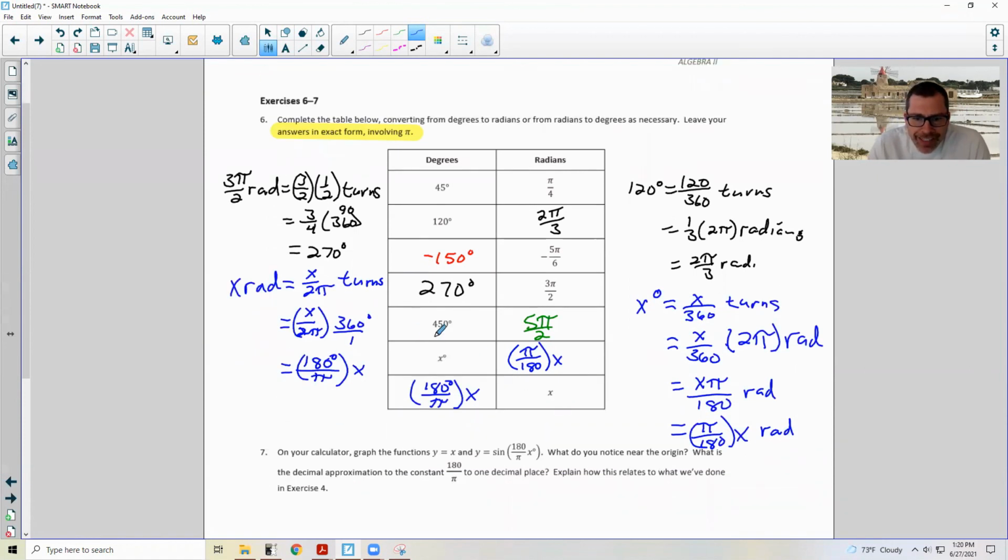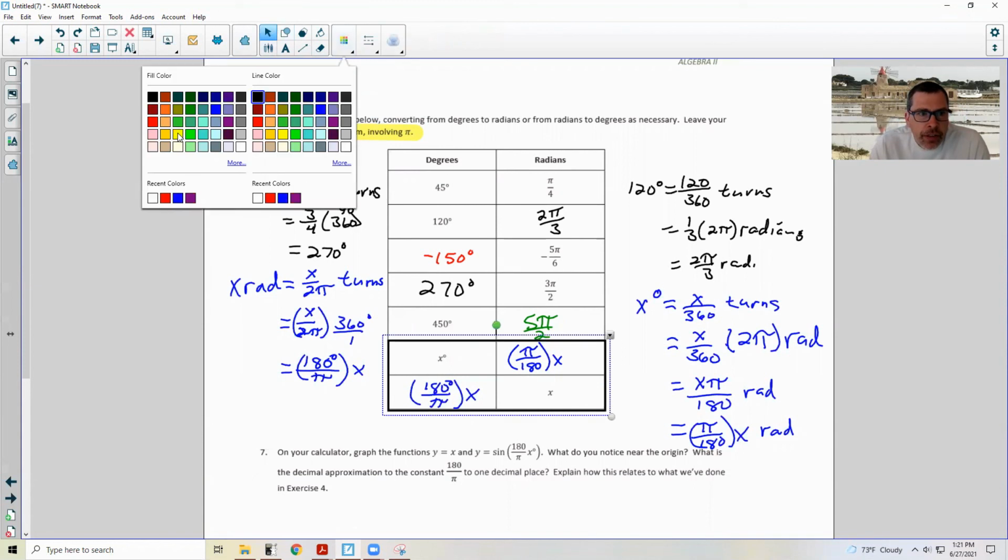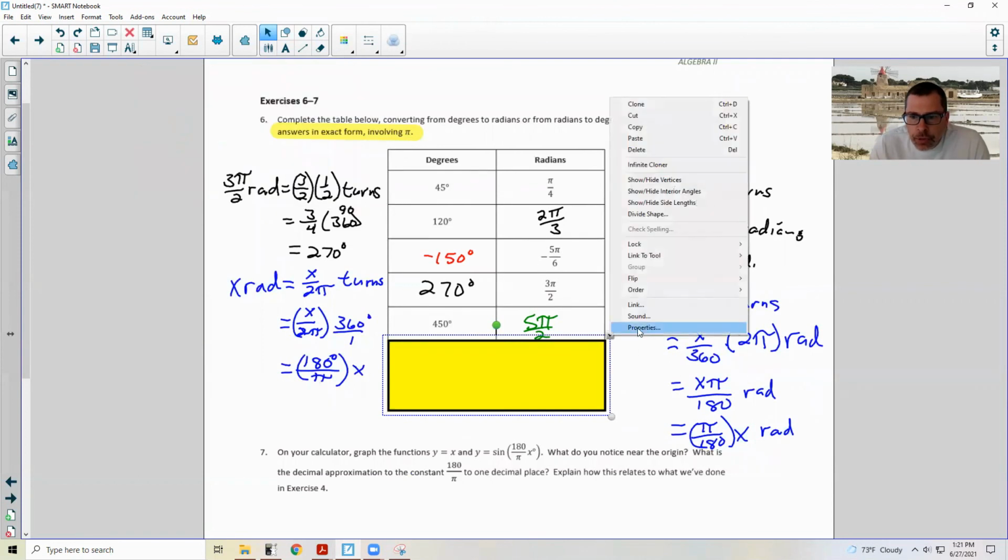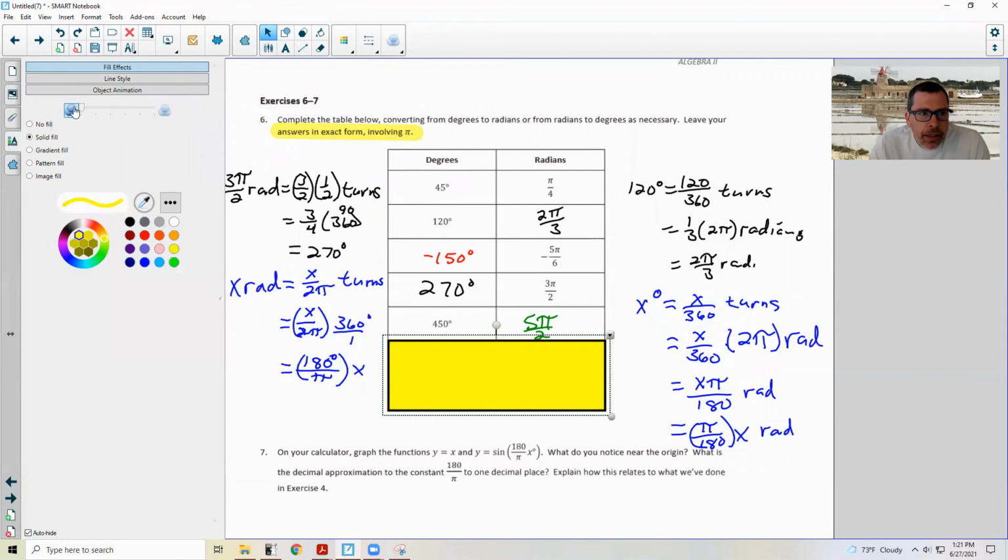Okay. So these last two, this right here, you want to highlight. This is the whole key to this lesson right here. So I'm going to highlight this, fill yellow, and I'm going to go to properties and show it through.